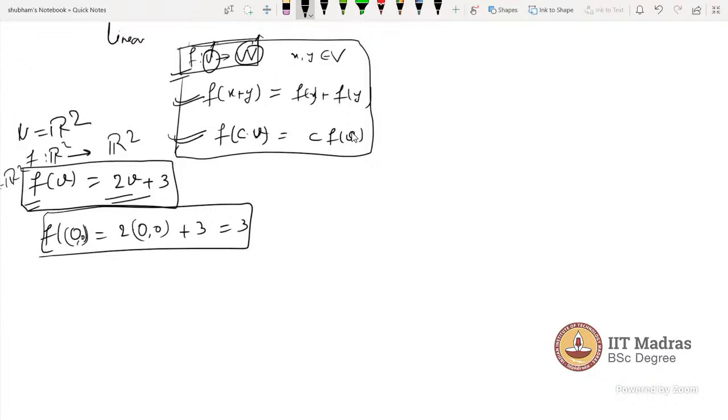I mean, the 0 vector of your transformation should map from the 0 vector of one vector space to the 0 vector of the other vector space. It may not be 0 0 0 as such. Suppose this is R3, so it will be defined like this.